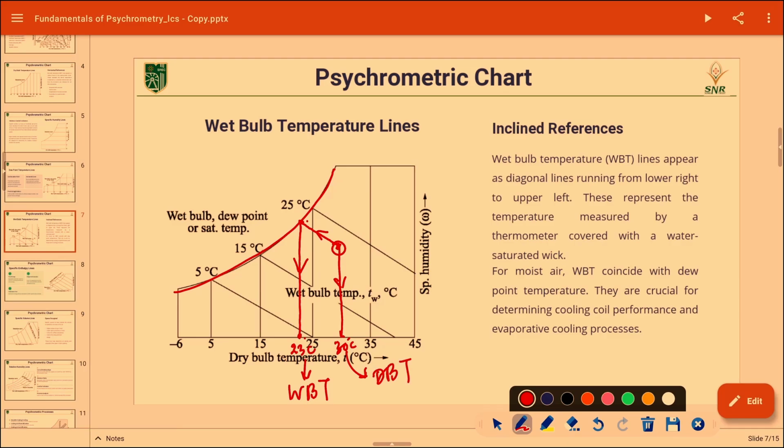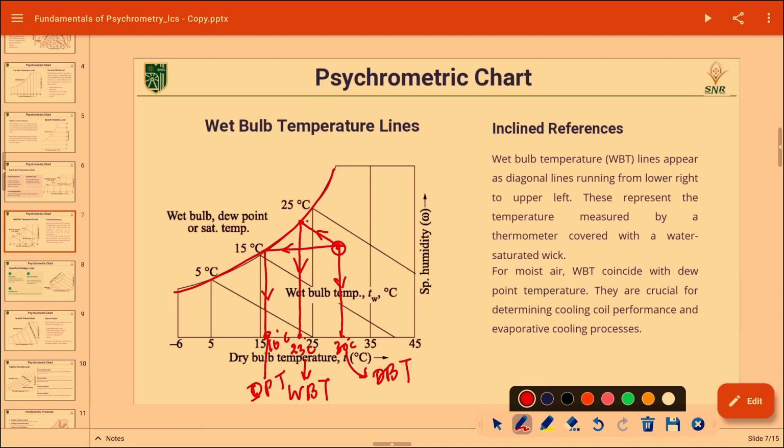If you want to measure dew point temperature, let us recall how to take it. Move horizontally in the left direction till you hit the saturation curve and then move down vertically, and this is 16 degrees Celsius. So, this is dew point temperature.